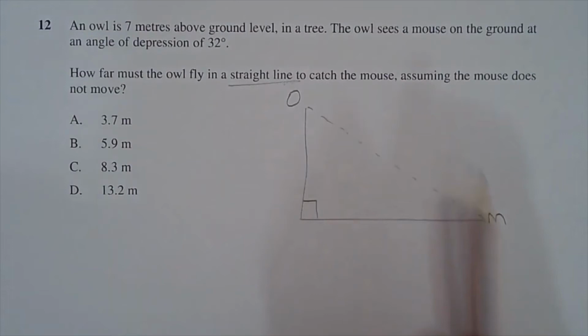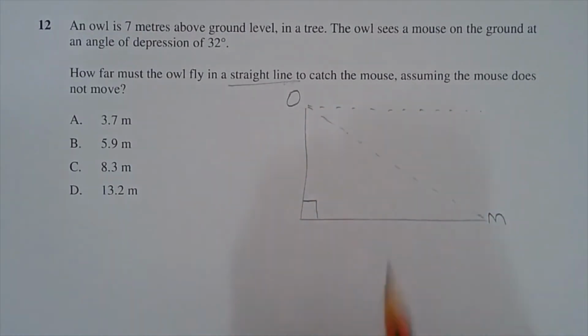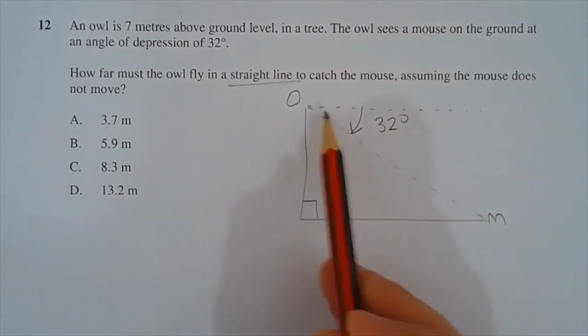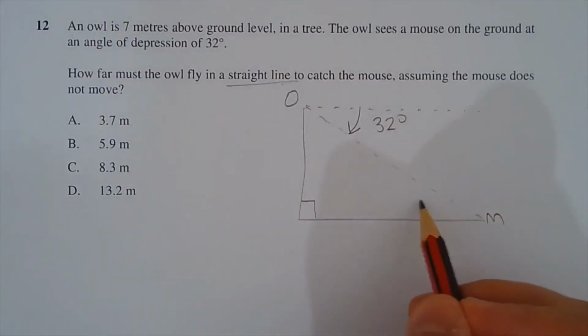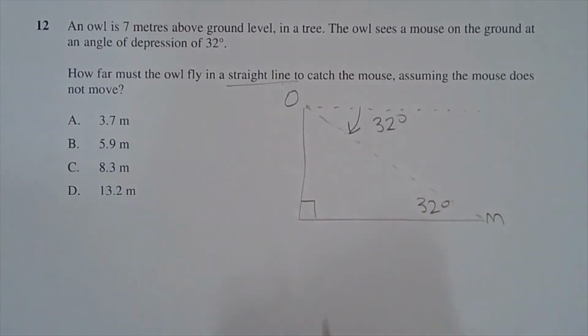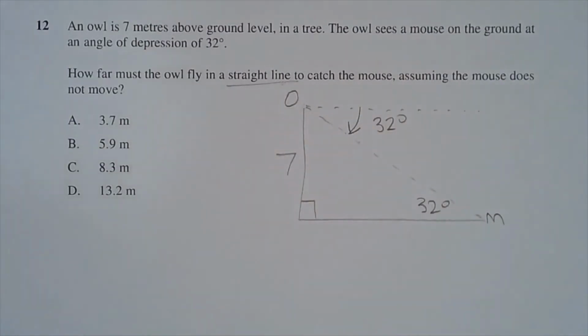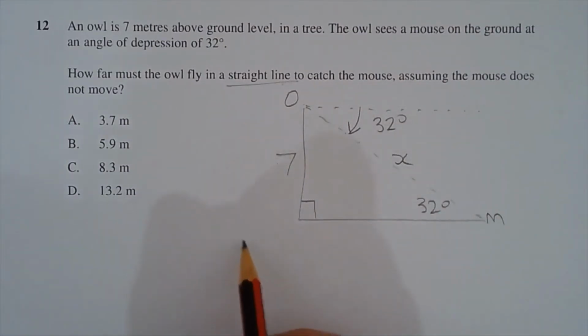90-degree angle. Now we'll draw in our angle of depression, which is drawn in reference to a horizontal. The angle of depression and the angle of elevation are in fact identical. From the top of the tree to the ground is 7 meters, and we want to find the straight line distance. According to SOH CAH TOA, this is going to be sine because it's opposite over hypotenuse.